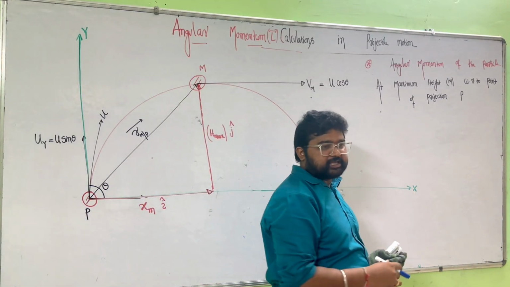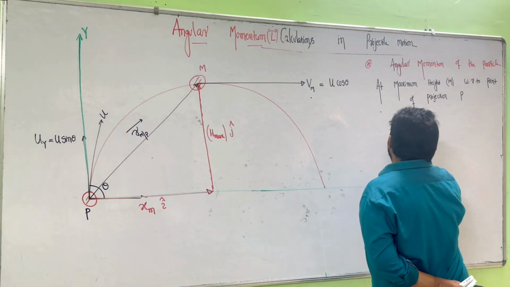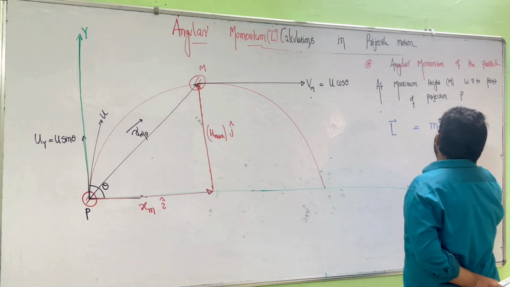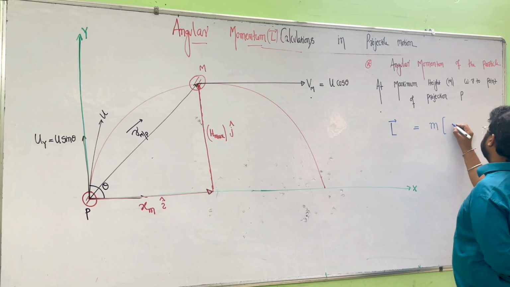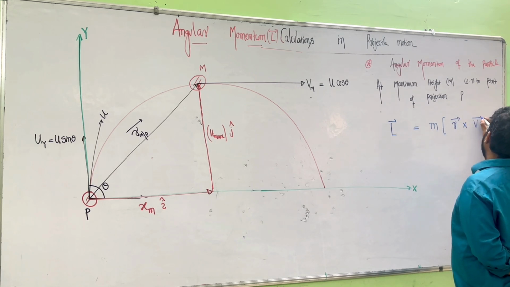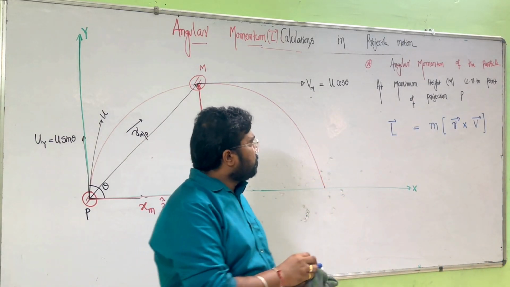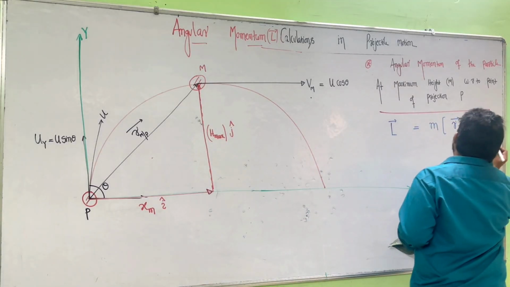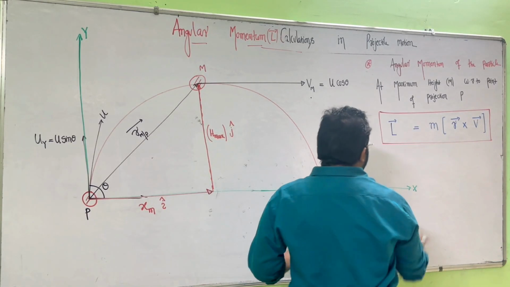Angular momentum is nothing but moment of momentum. So that is nothing but L bar equals m into, how much will you get? R bar cross V bar. L bar equals m into R bar cross V bar. Understood? Here, what is the position?